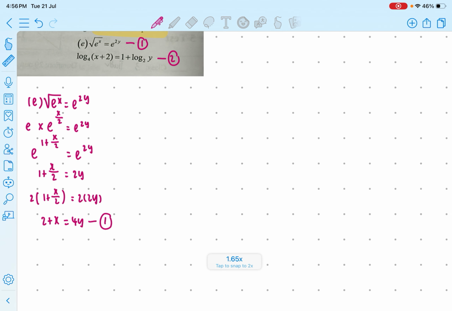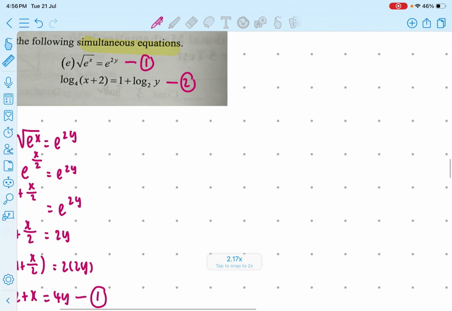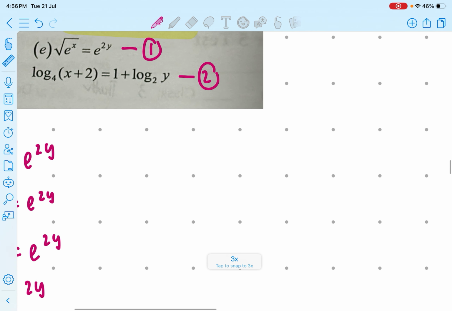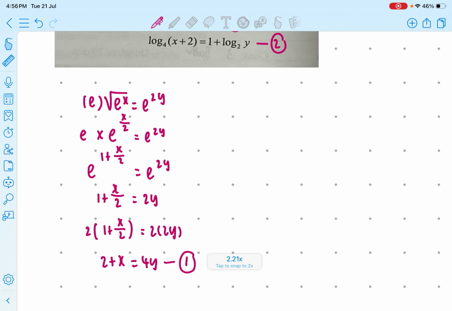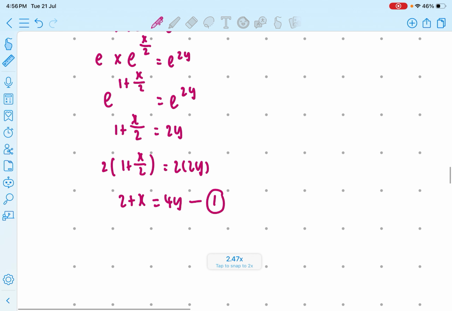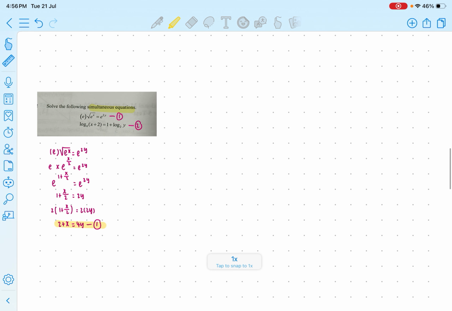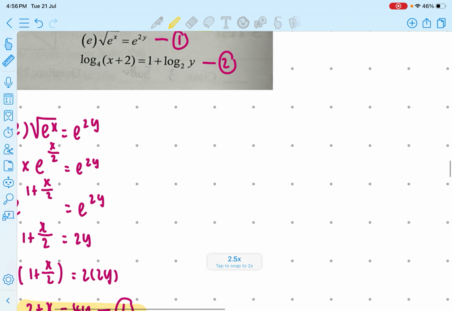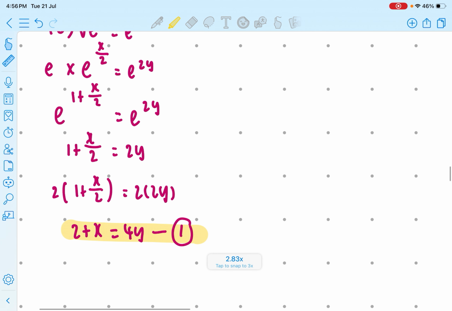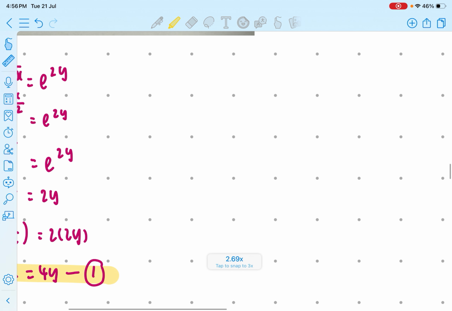Now we look at the second one. We have two of these log values there. If you notice, 4y equals 2 + x, so we already have this. We just substitute what we got here into equation 2.